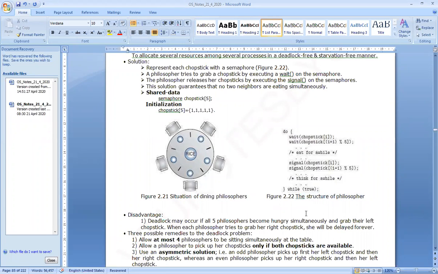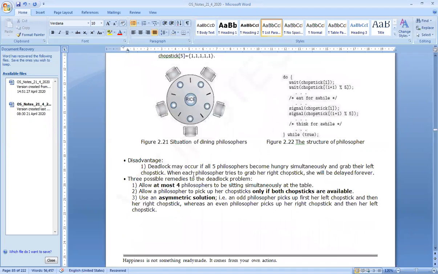If I go here, the disadvantages. What is the disadvantage of this solution? Deadlock may occur if five philosophers become hungry simultaneously and grab their left chopstick. What do you mean by that? Always one chopstick will be available with each philosopher. When they all become hungry, automatically they grab that one chopstick, which is kept at the left side of the philosopher.